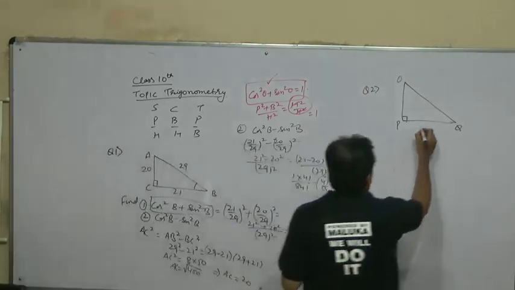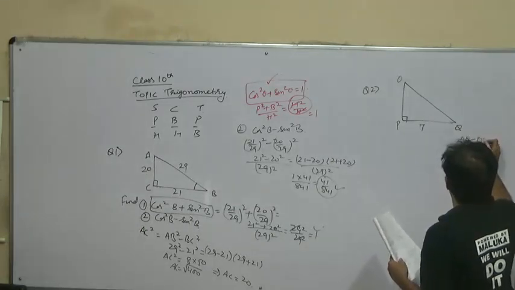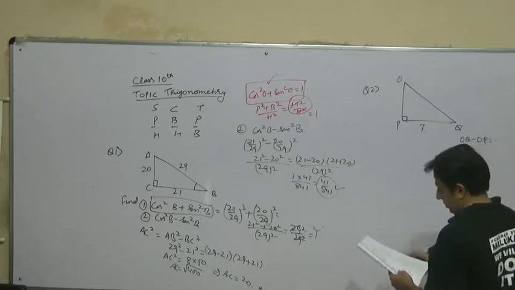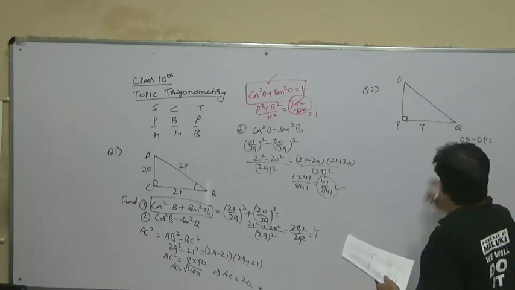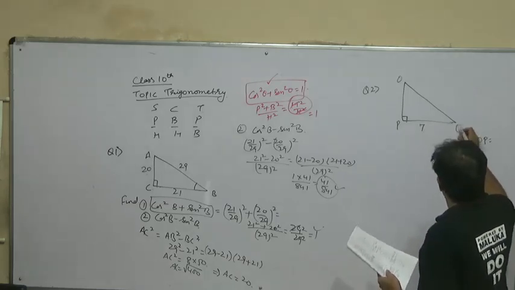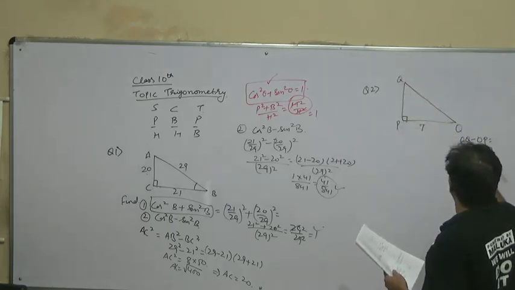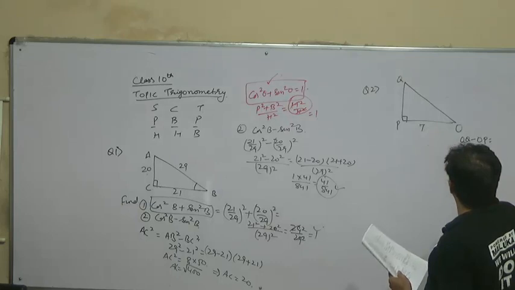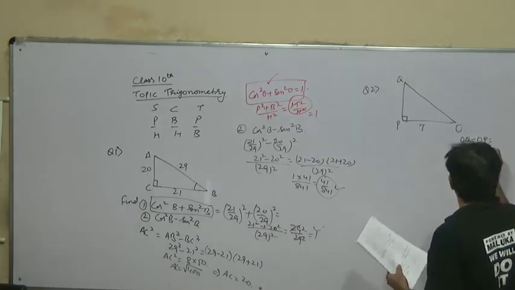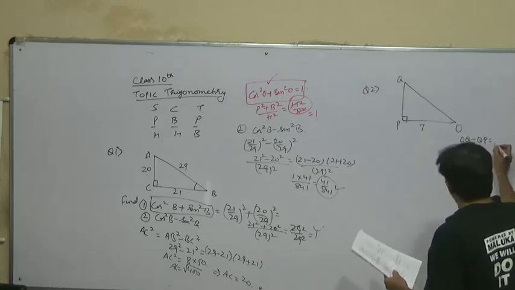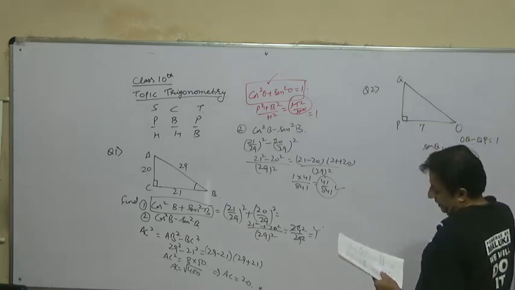We are given that OQ minus PQ is equal to 1. This is O, this is Q. This is given. We want to find sin Q and cos Q.